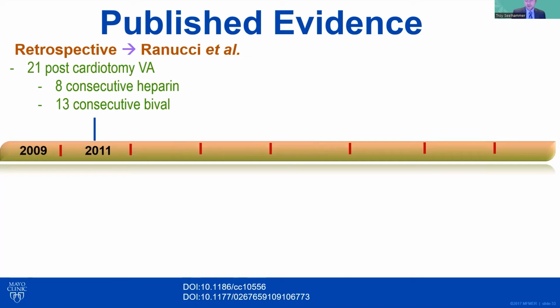Dr. Ranucci et al. really lit the fire for broader adoption of bivalirudin-based therapy. They performed a retrospective analysis of 8 consecutive heparin-based veno-arterial ECMO patients, followed by 13 consecutive bivalirudin-based veno-arterial ECMO patients.